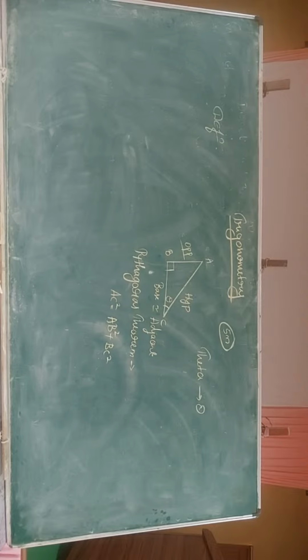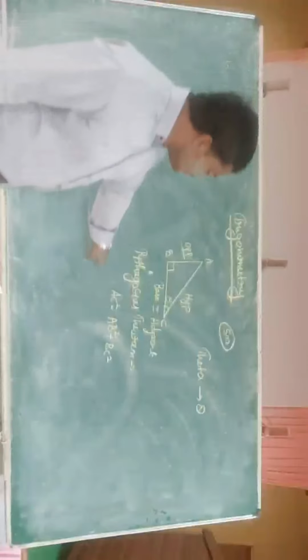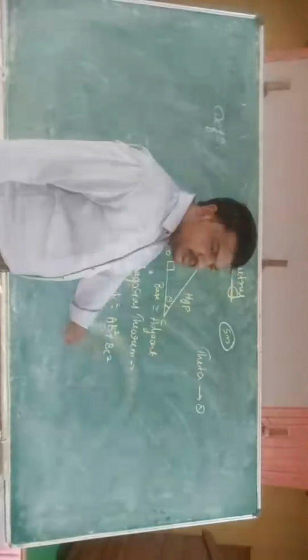Then later you can write AC square is equal to AB square plus BC square.